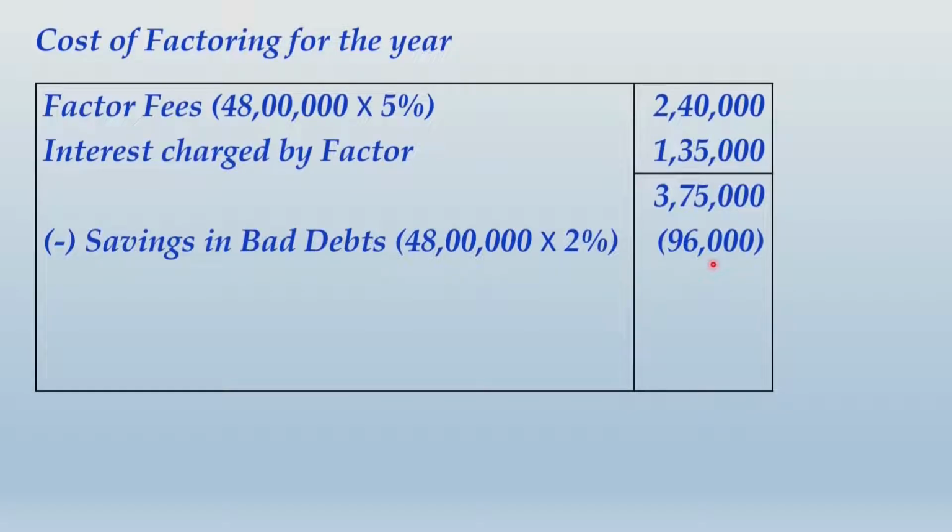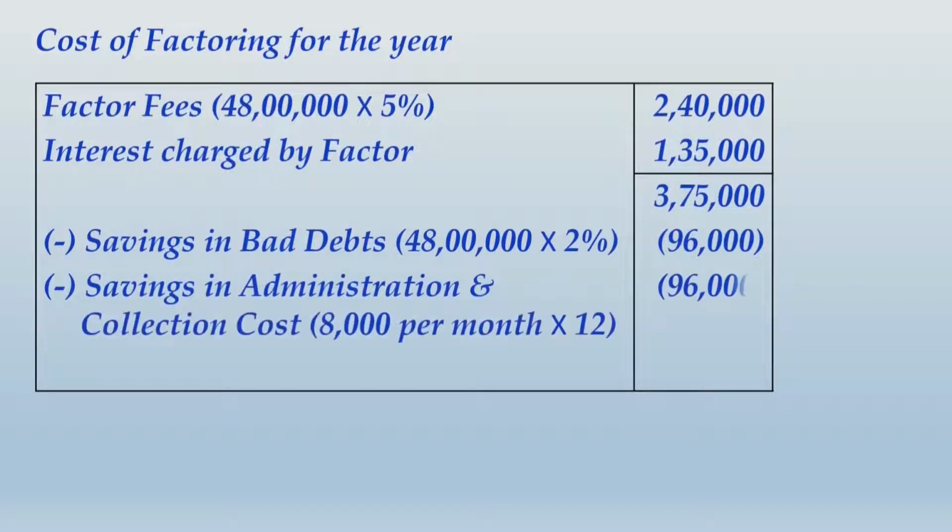Now with the appointment of the factor, this bad debt will be taken over by the factor, means factor will bear the loss of bad debt, the company will not bear the loss of bad debt. As a result, from 3,75,000 you subtract this amount of bad debt that we have now effectively saved, and then also subtract the savings in administration and collection cost at the rate of 8,000 per month. For the entire year it will be 96,000.